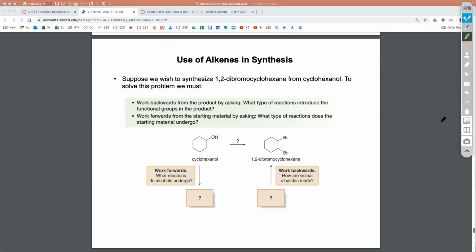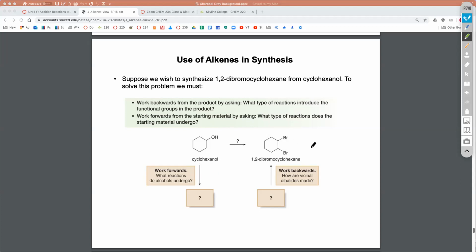And for this particular question, what I'm asking you to take a look at here is how you might convert cyclohexanol to this dibromide compound over here.